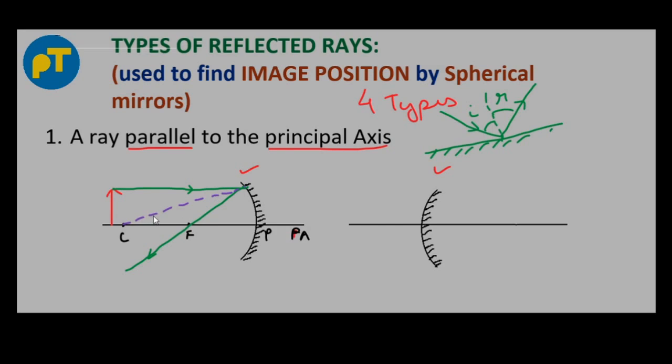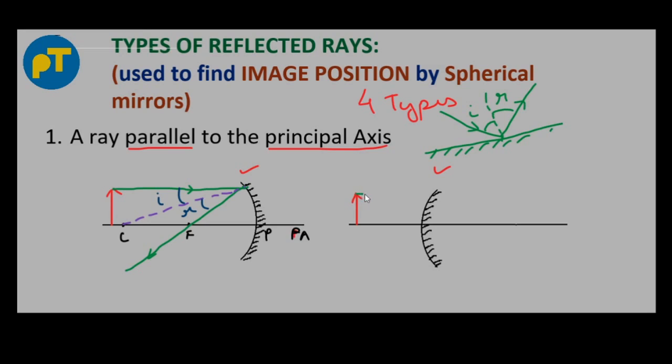So this would be the angle of incidence and this would be the angle of reflection.